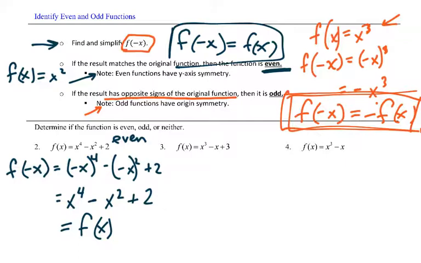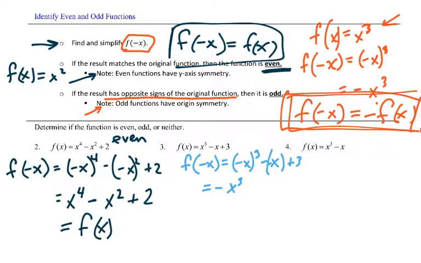On the next one, we have f of negative x equals negative x to the third minus negative x plus 3. So I end up getting negative x to the third, because a negative times a negative times a negative is negative.